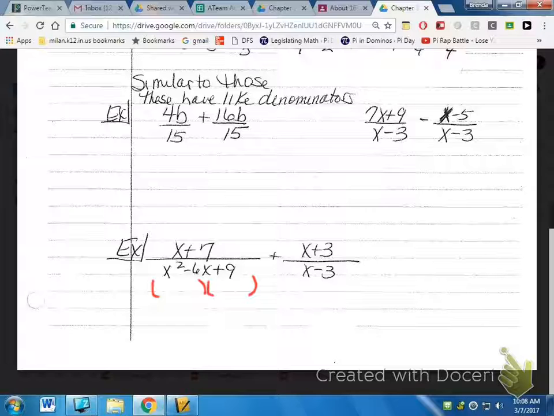So for x squared, what two things gives me x squared? X and x. The plus in front of the 9 means the signs are going to be the same, and they're both going to be minus. So minus and minus. The factor pair of 9 that adds up to 6 would be 3 and 3.